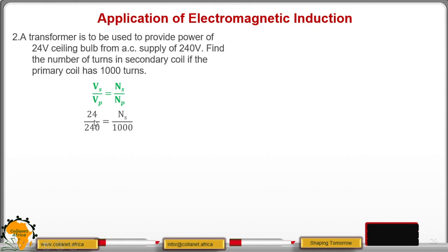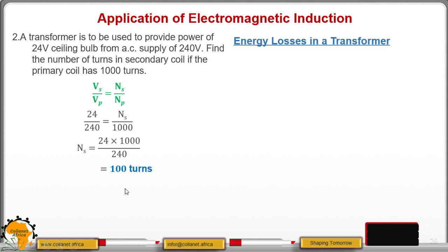Our Vs is 24, our Vp is 240, Ns is what we are looking for, and Np is 1000. So we make Ns the subject by multiplying through by 1000, and after simplifying, you get 100 turns. That will be the number of turns in the secondary coil.